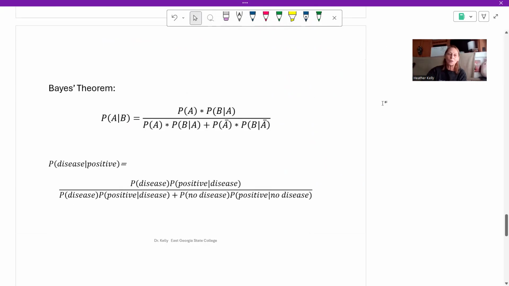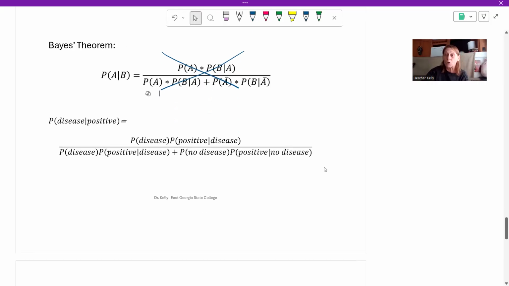Okay. So first, this is Bayes' theorem with variables in it. We're not going to think about it particularly like this. We're going to use it in this form.